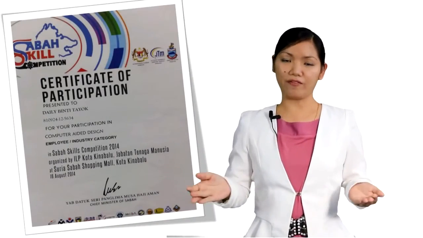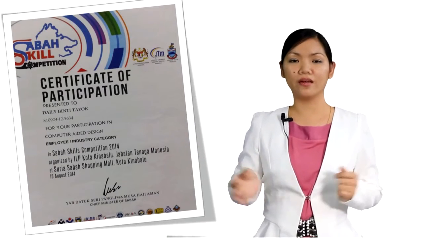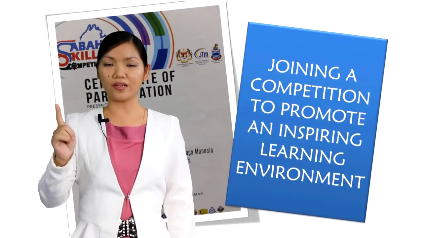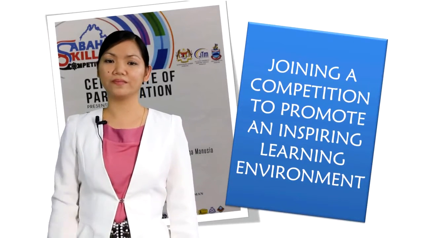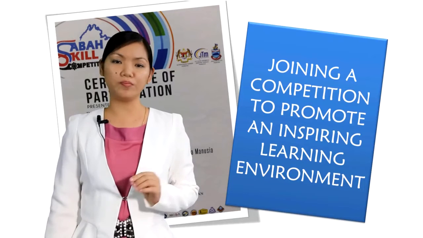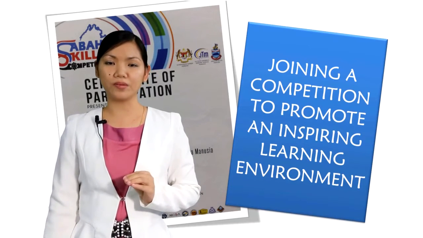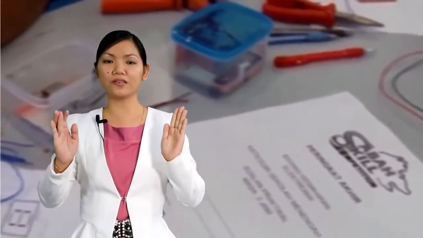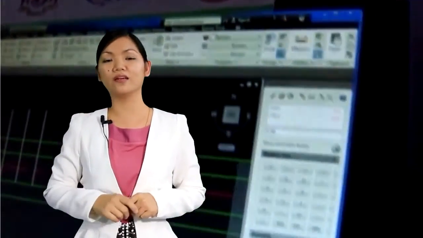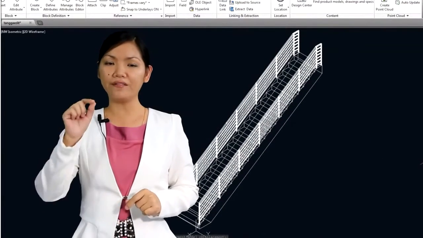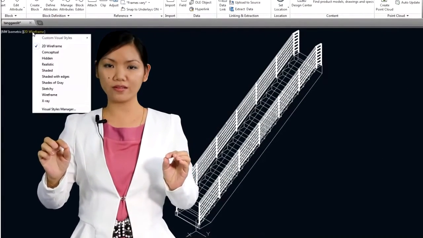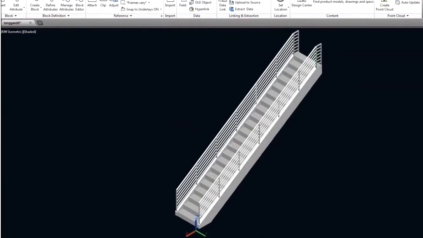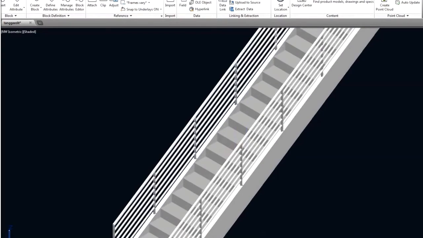There are many platforms that AutoCAD users can use to show their talent or skills. One of them is by joining competitions. One of the famous or popular competitions is the Sabah Skill Competition, which is organized every year. In this competition, an AutoCAD user will be tested to draw a real object in 2D drawings in specific angles, and they have to finish it within an allocated time.